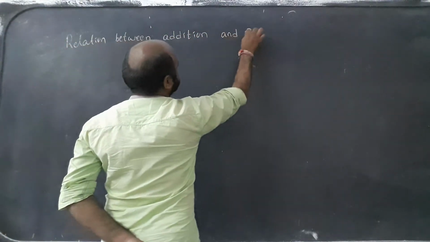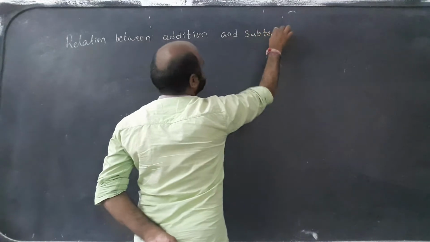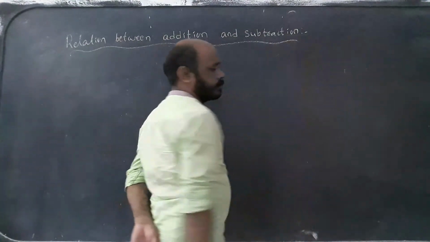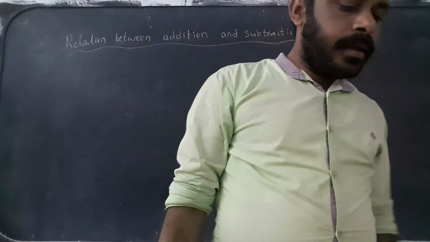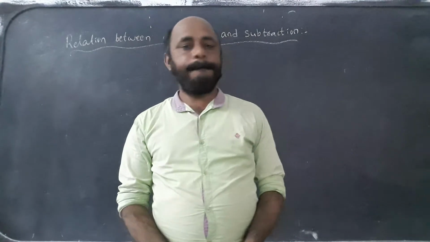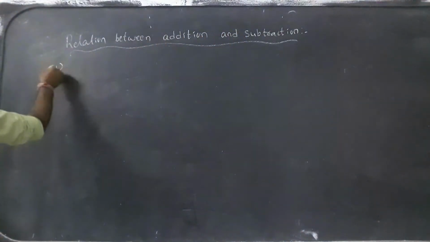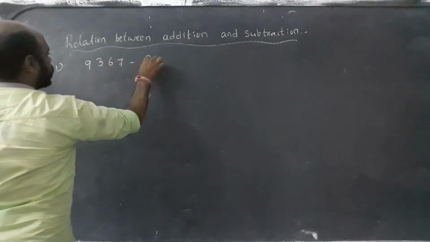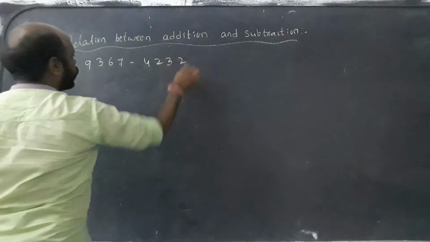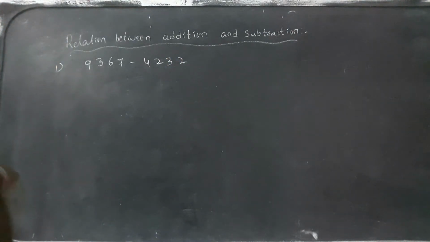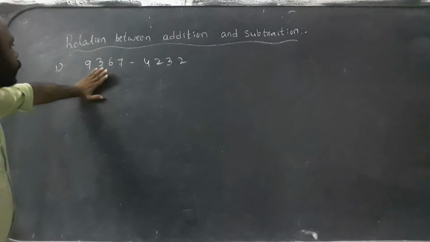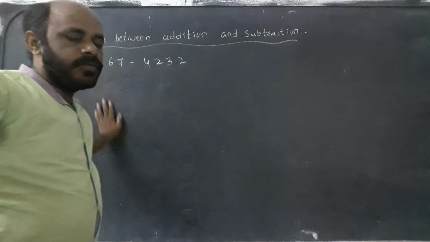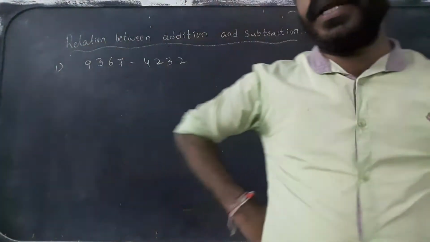See, for example, 9367 minus 4232. Okay children, he gave directly 9367 minus 4232.